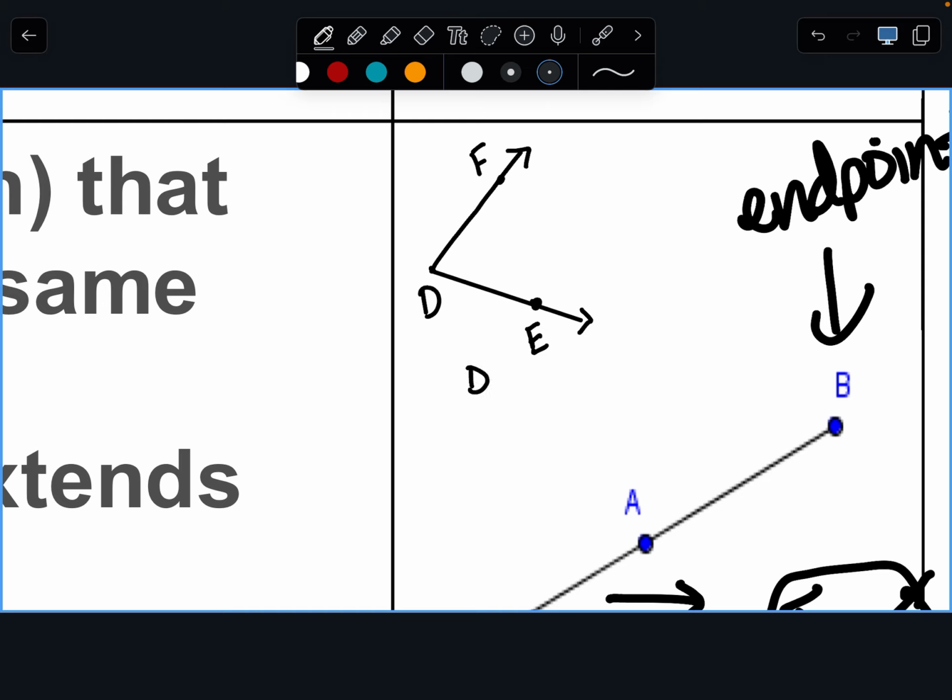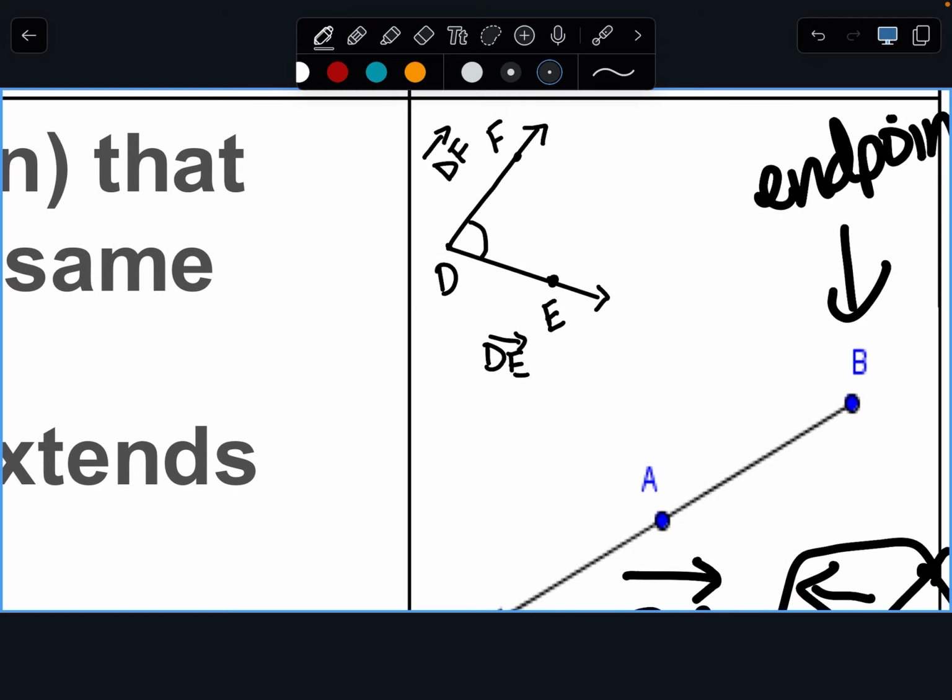You've got ray DE down here. You've got ray DF up here. But it's made an angle. There's this angle in here now. And eventually we're going to call that angle FDE. We'll learn more about naming that in the next chapter. But 2 rays make up an angle.